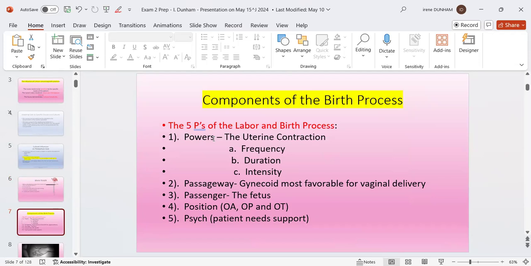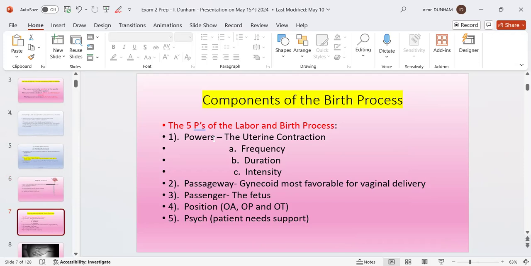It is an organ made up of 3 different muscle fibers, and it has to contract in order to dilate the cervix and open it up. That's your uterine contraction.